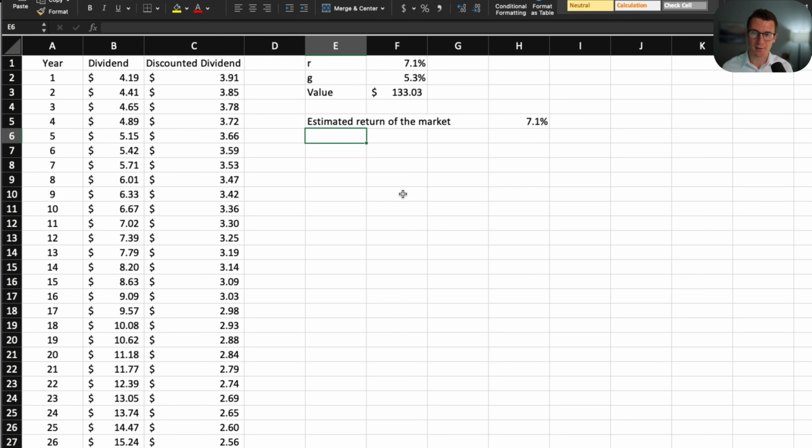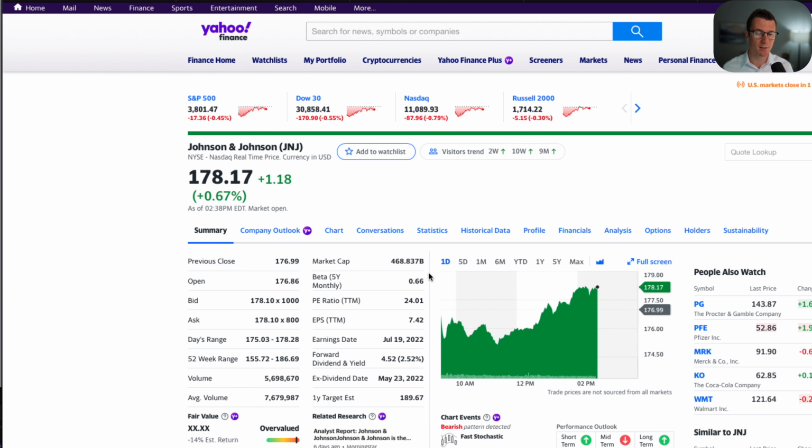However, there's one other thing to consider, and that is that Johnson & Johnson is probably not as risky as the average stock. So what we're going to do here is look at the 5-year monthly beta of Johnson & Johnson, and you can see it's 0.66. So in other words, for every 10% the market would decline, we would expect Johnson & Johnson to decline by about 6.6%.